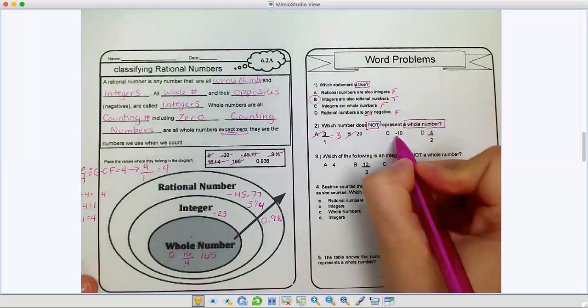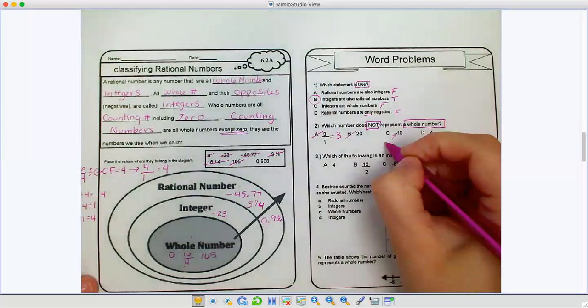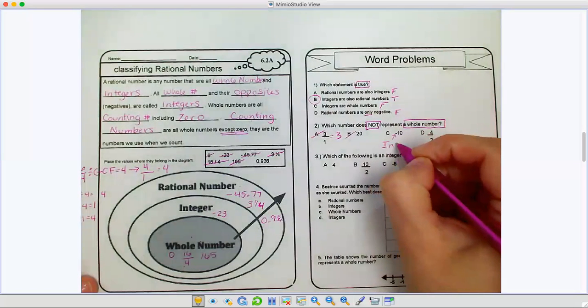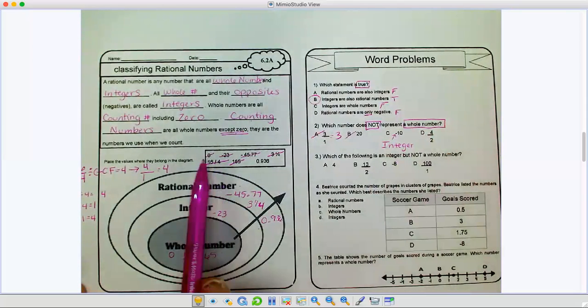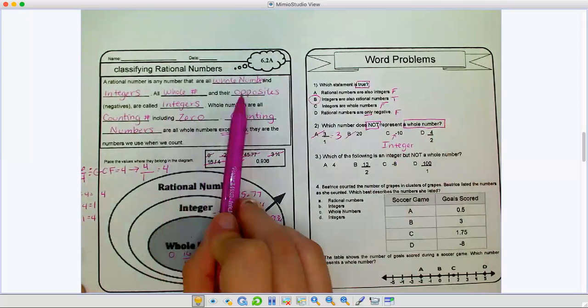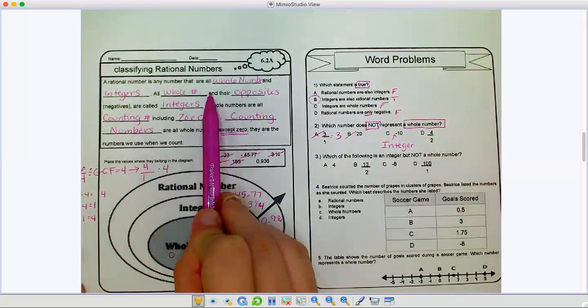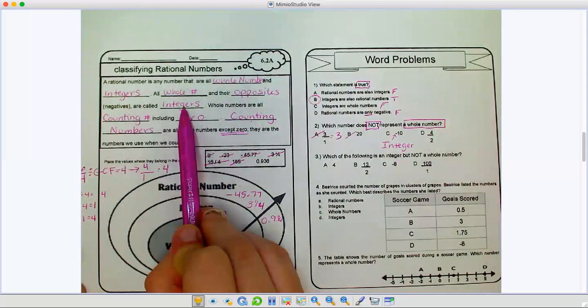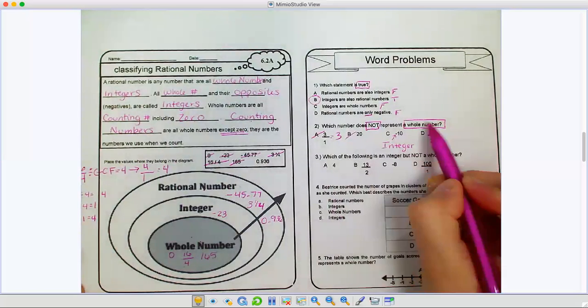But because of this sneaky little negative sign, this actually becomes an integer. Okay? Because by definition, a whole number and their opposite, meaning negatives, are integers. Whole numbers that are negative are called integers. So this is an integer, which means it's not a whole number.